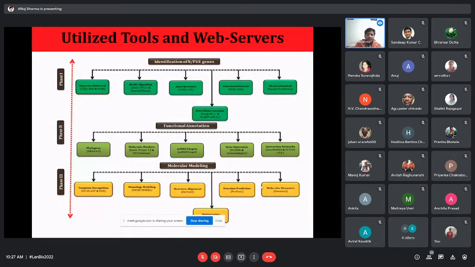Here is the pipeline which we have utilized, and the key tools and web servers. All of these are open source and freely available to the scientific community. In phase one, we identified the genes using different tools like BLAST, gene structure, functional domain, physicochemical properties, and cellular localization.